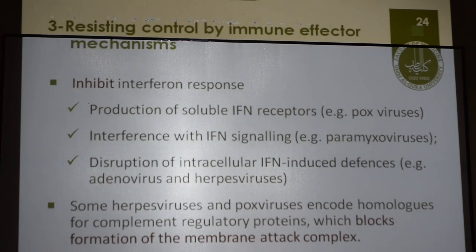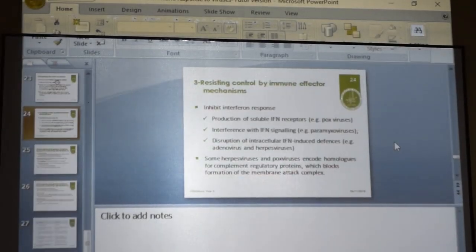And finally there are certain viruses that can also stop the effect of complement proteins. So these are the different mechanisms by which the viruses will escape the immune response. So that's all for this session.